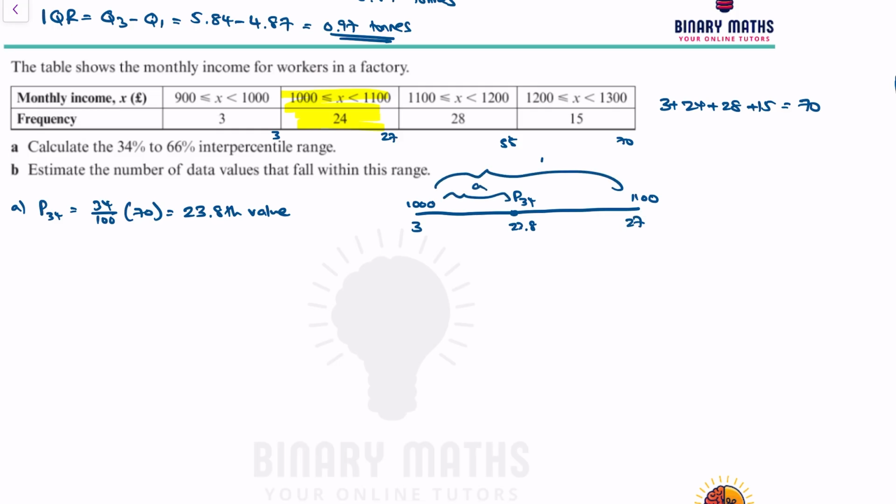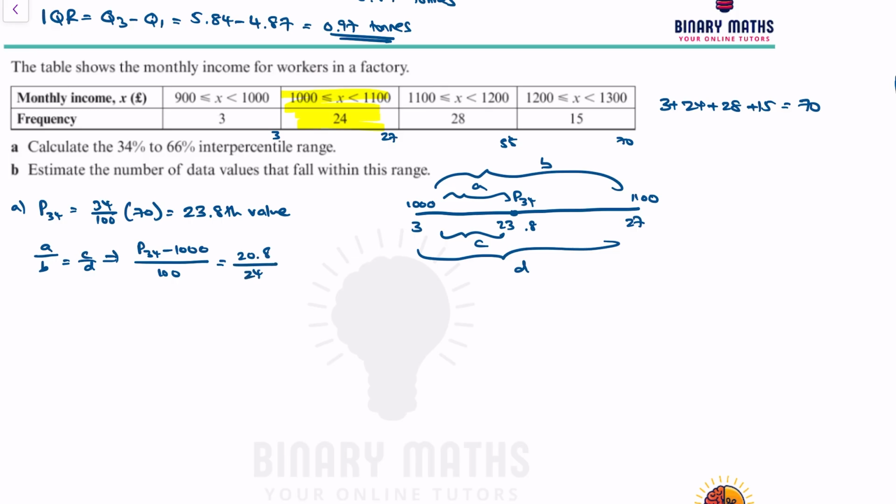So A over B is equal to C over D, which implies P34 minus 1,000 over 1,100 take away 1,000, which is 100, is equal to 23.8 take away 3, which is 20.8, over 27 take away 3, which is 24.